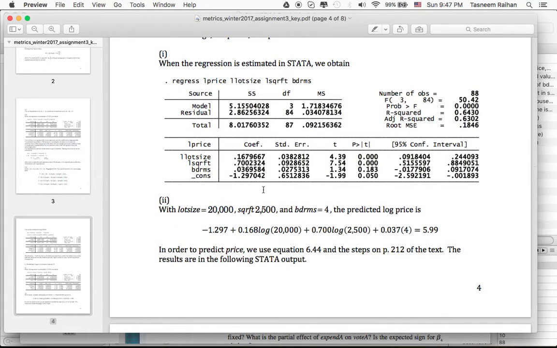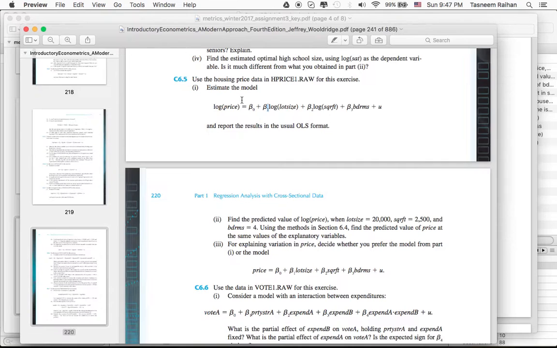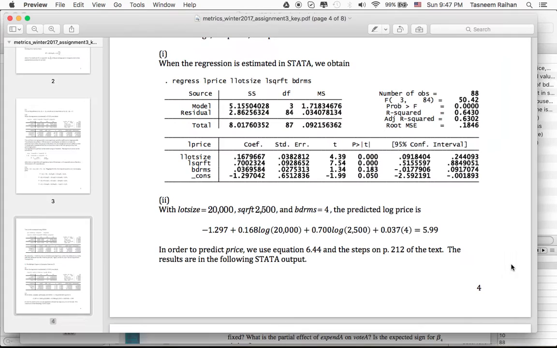If you plug these numbers in, you should get 5.99. That's the predicted log price. This is what the question asked us to do in the first part: find the predicted value of log price. So the predicted value of log price for these particular values of the explanatory variables is 5.99.